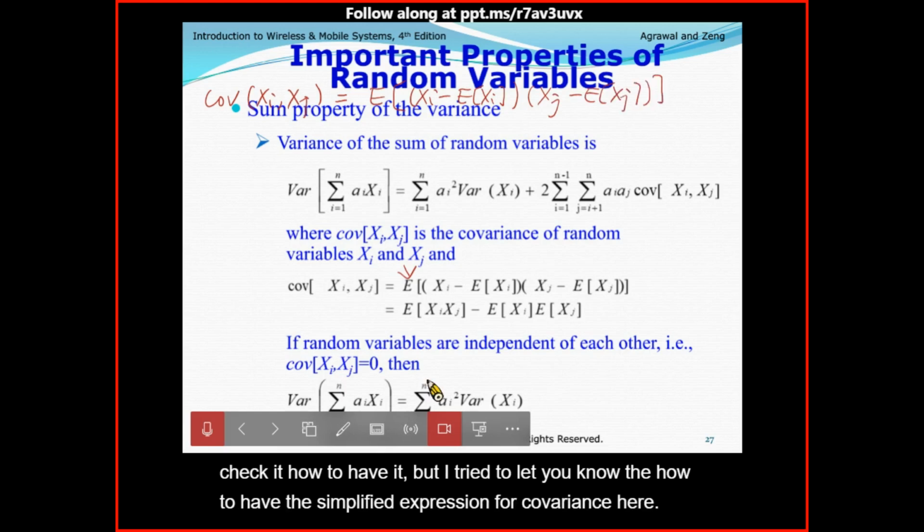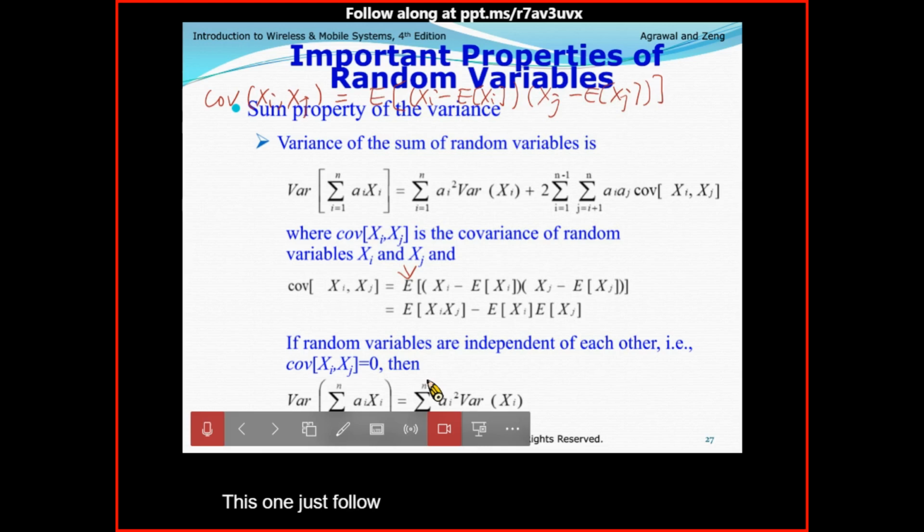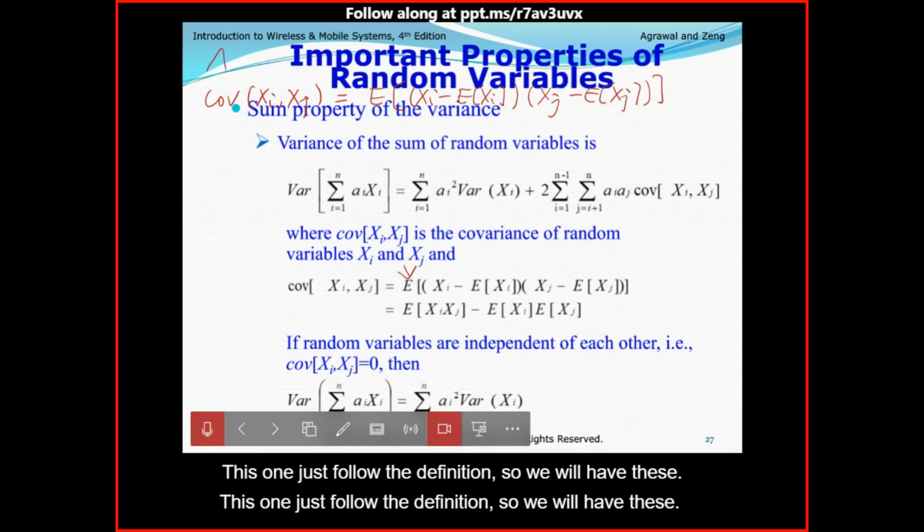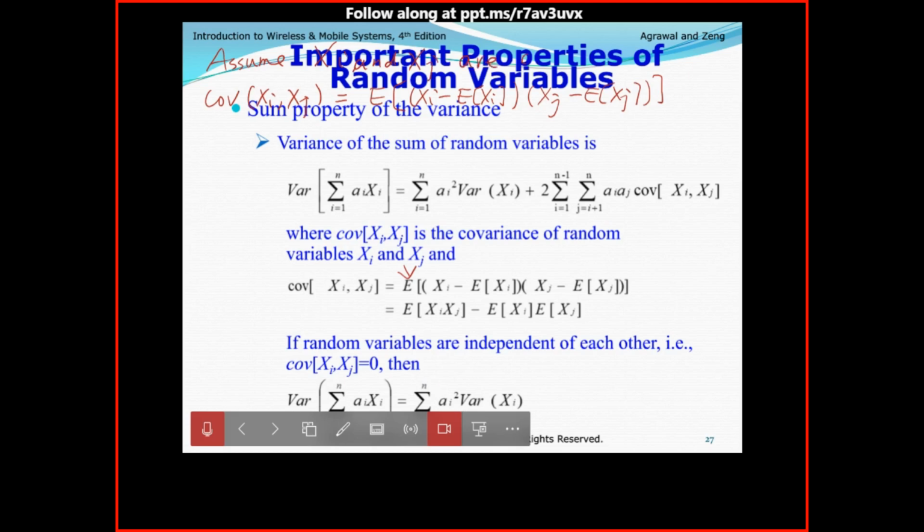Well, again, I assume we have continuous random variables. So assume x sub i and x sub j are continuous random variables. All right, so then we can have a further integral.